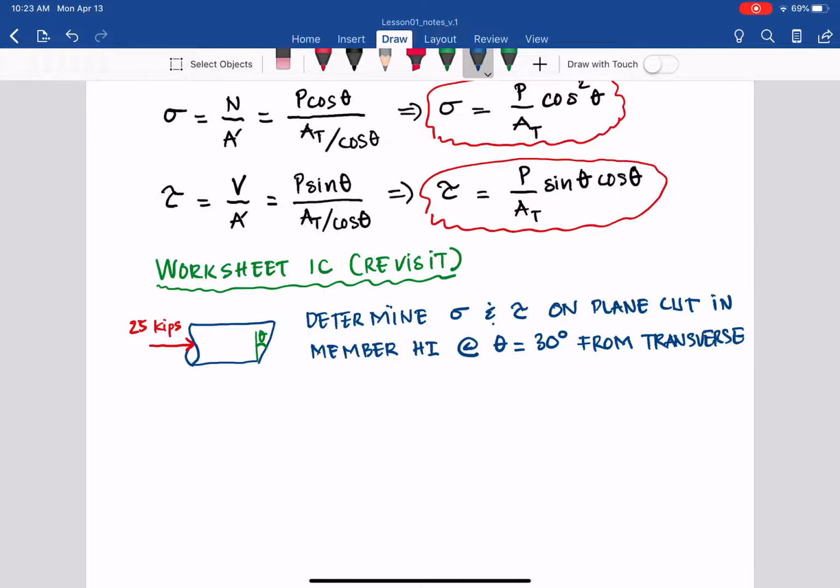So we have sigma, the normal stress on that member, equal to P over AT cosine theta square. Plug in P equal to 25 kips, in this case in compression, over AT, and AT in that case, if you recall, is 4 inch square, and then cosine 30 degree square.